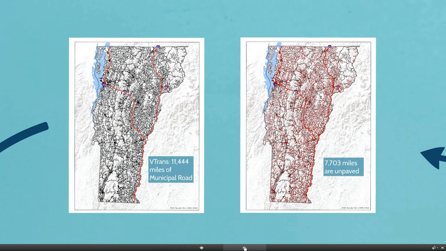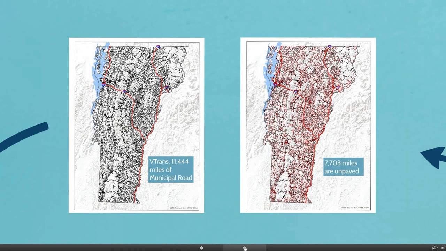And there's been quite a bit of research on the effects of unpaved roads and the erosion and sedimentation resulting from unpaved roads. And the recent research has shown that up to 30% of the phosphorus load to Lake Champlain is actually attributed to the unpaved road erosion. So it's a huge portion of the phosphorus load to Lake Champlain.